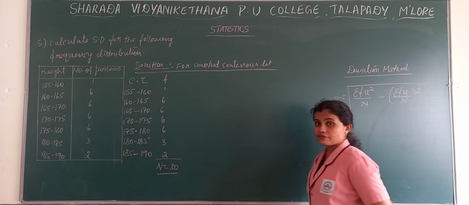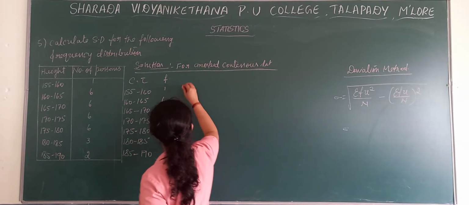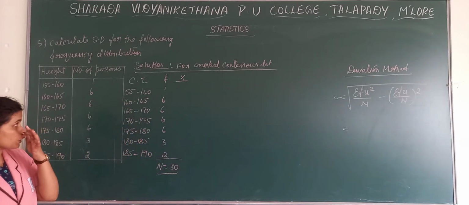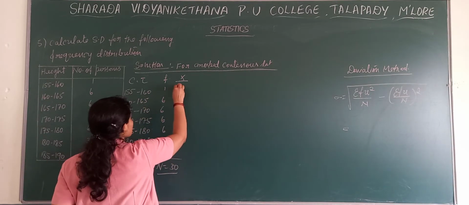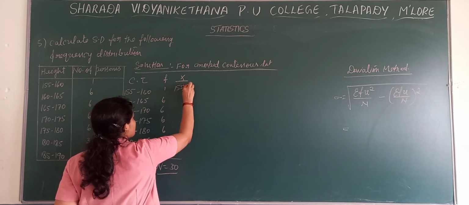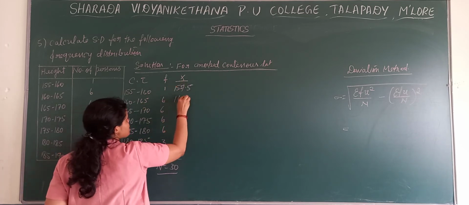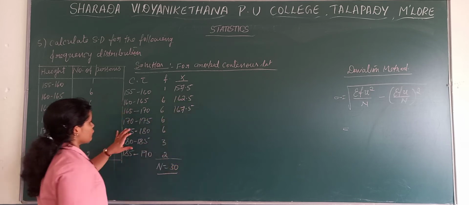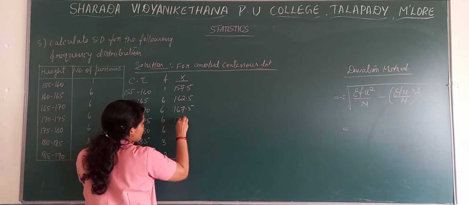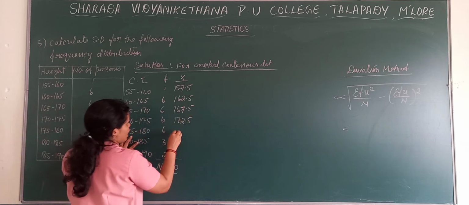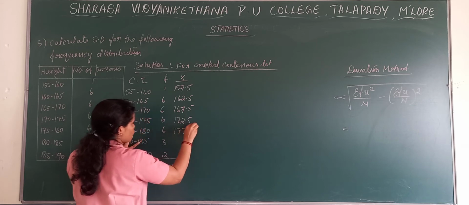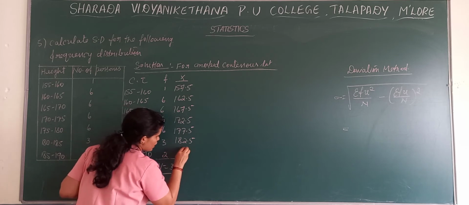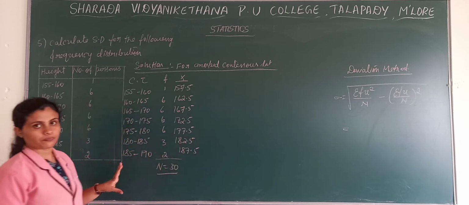Firstly we need to find the x column. We already found x in the previous method: 157.5, 162.5, 167.5 mid values, 172.5, 177.5, 182.5 and 187.5.